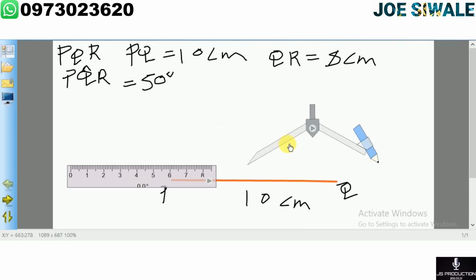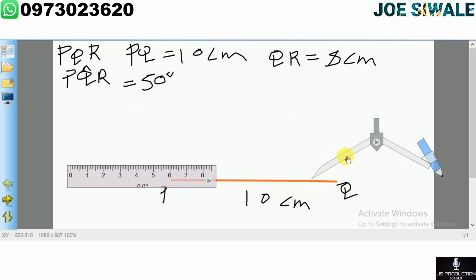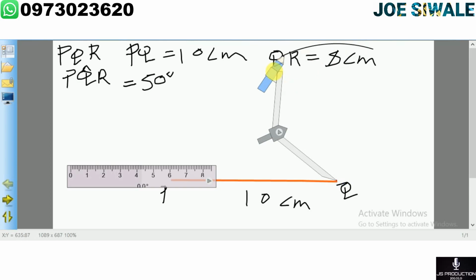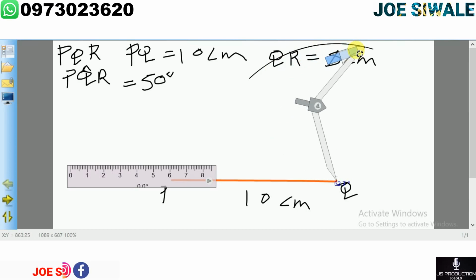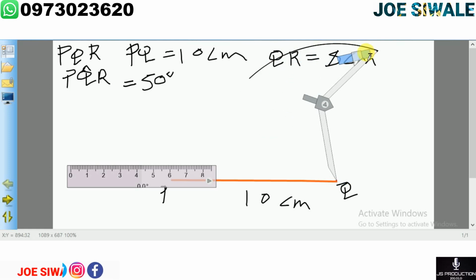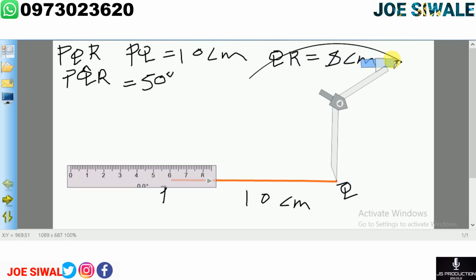So I'm going to put the compass on 8. I'm going to put my compass on Q, sorry. Then I'm going to draw a locus of points that is 8 centimeters from Q. Okay, then I'll draw. So point R is somewhere here.